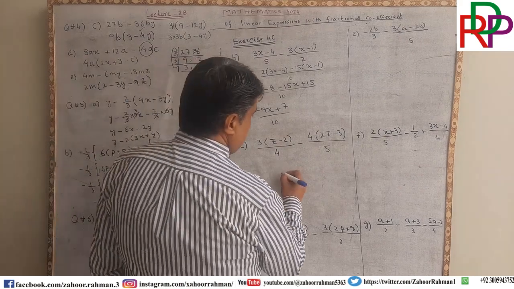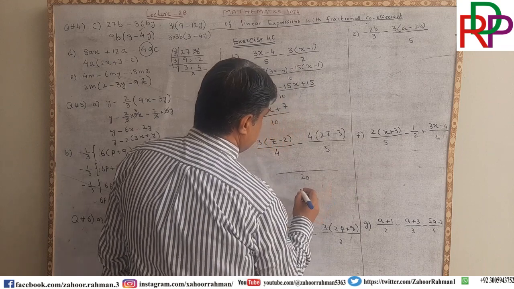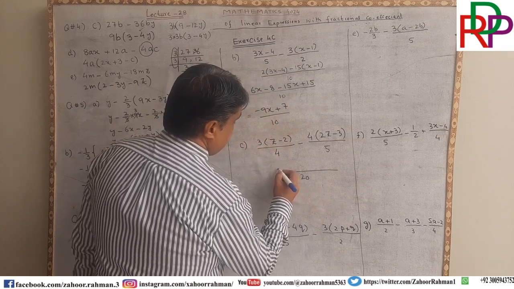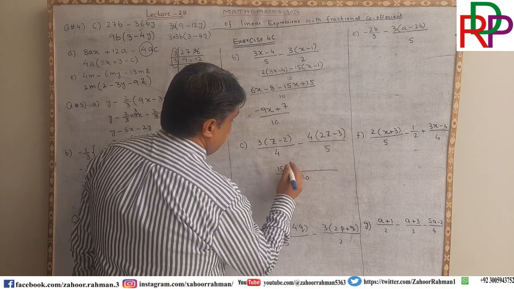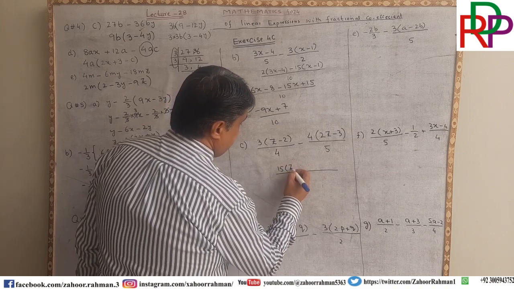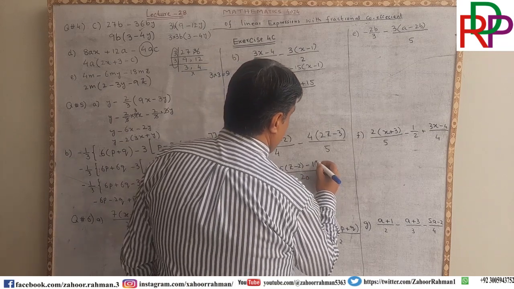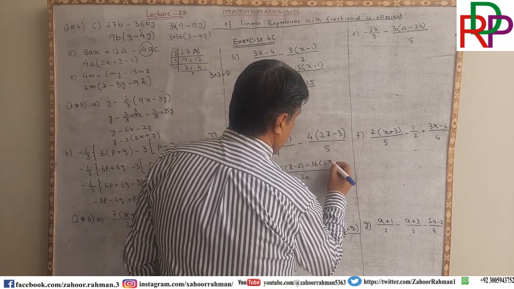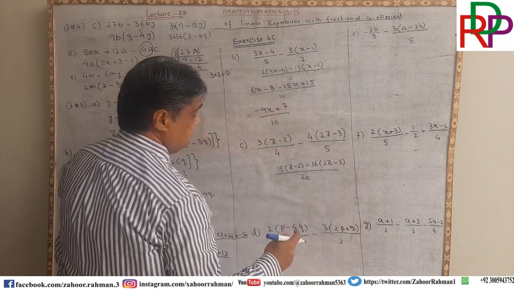So now we are taking 20 as the LCM. 5 threes are 15, and z minus 2, and 4 fours are 16, so z minus 3.